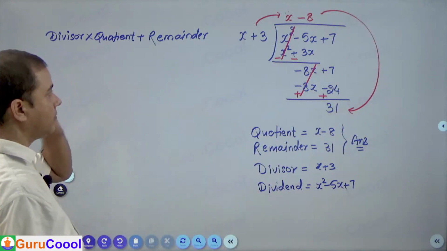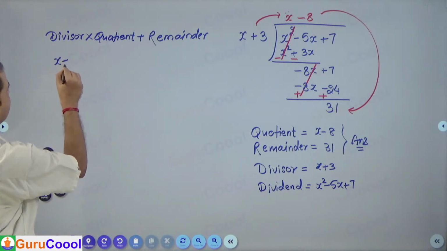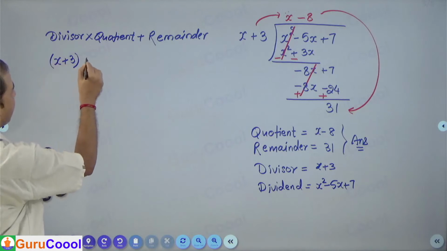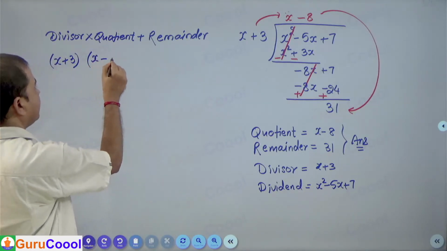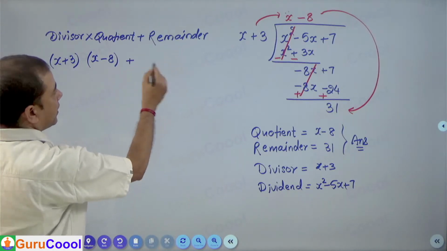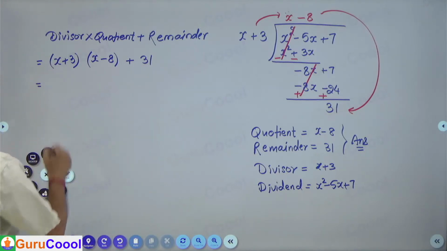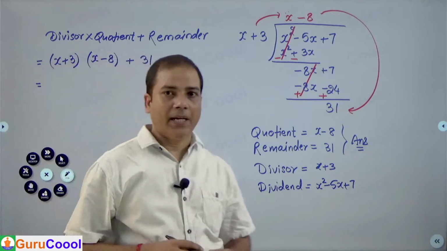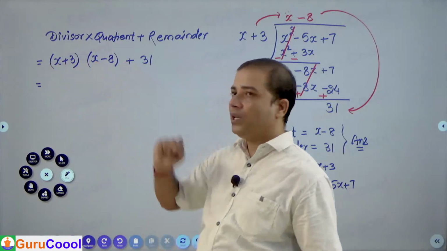Let us do that. Divisor x plus 3, quotient x minus 8, and plus remainder. Remainder is 31. I have already taught how to multiply two binomials. First binomial x plus 3, second binomial x minus 8.